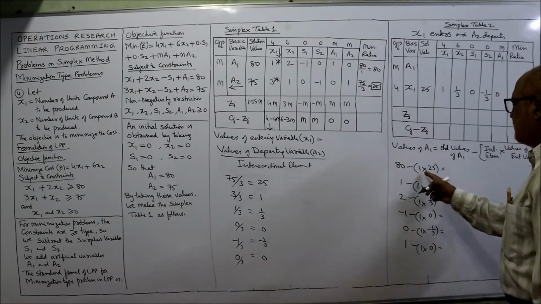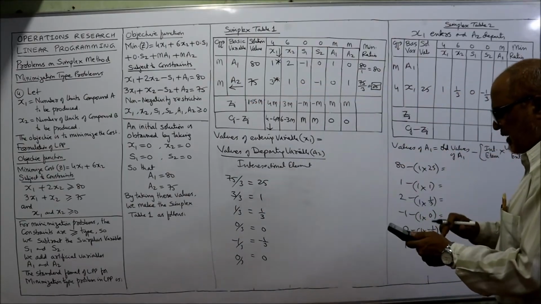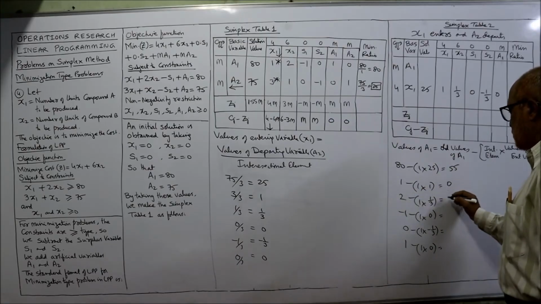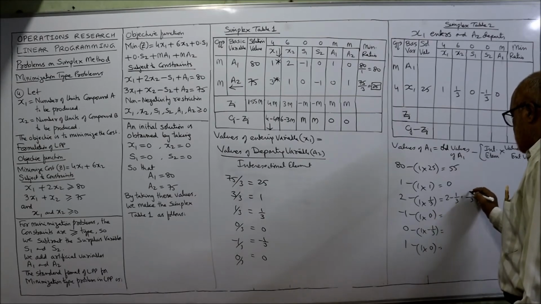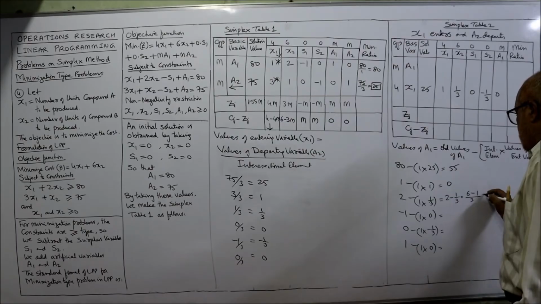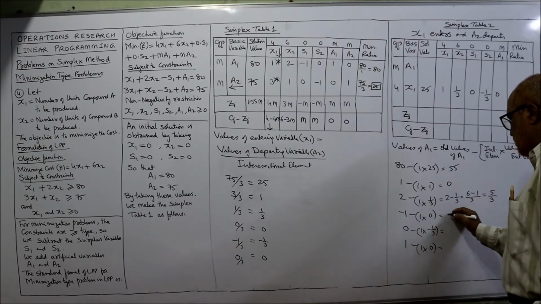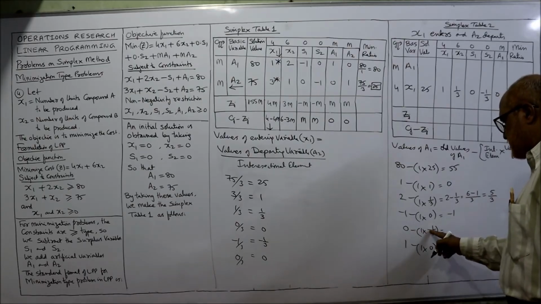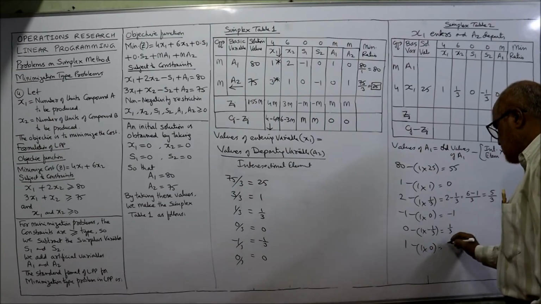Now 80 minus 25, it comes to 55. Then 1 minus 1, 0. 2 minus 1 by 3. If we take the LCM 3, 3 twos are 6, 6 minus 1 gives 5, so it will become 5 by 3. Minus 1 minus 0, it will be minus 1. 0 minus into minus will become plus 1 by 3. 0 plus 1 by 3 is 1 by 3. 1 minus 0 is 1.